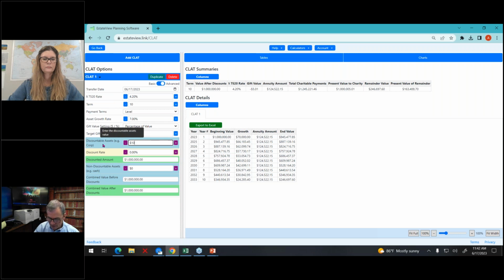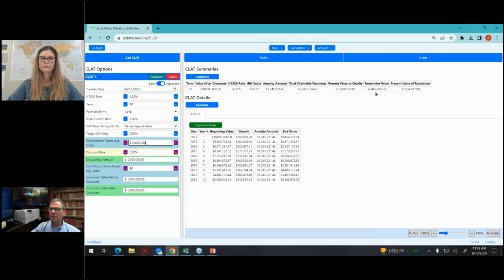So what this is telling me is I can have a zero gift. I put 10 million in, there's no gift, and for 10 years, charity will receive $1,245,000 a year. Charity will get a total of $12,452,000, and what will remain for my family will be $2,005,000. Or it could come back to me.